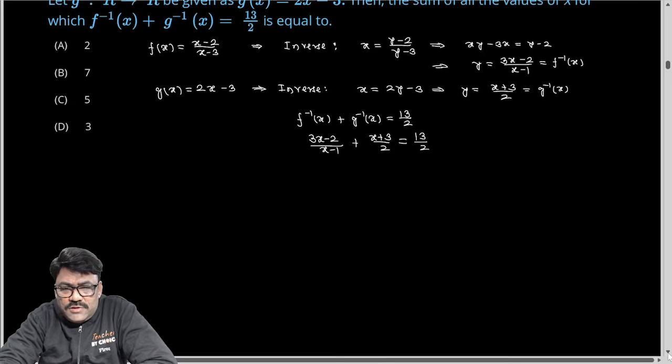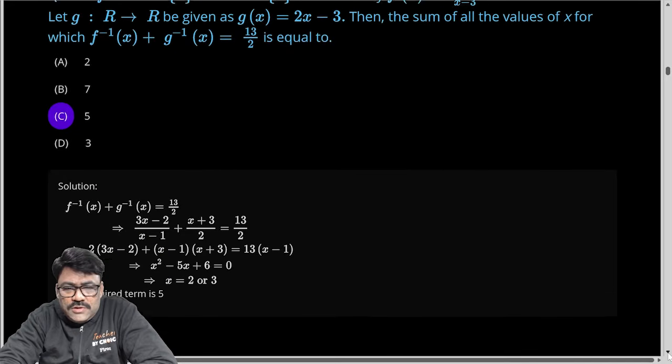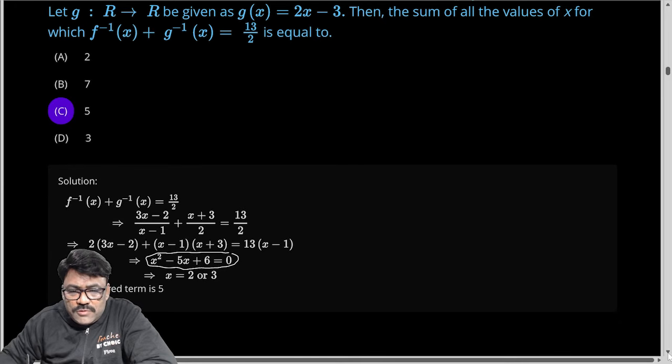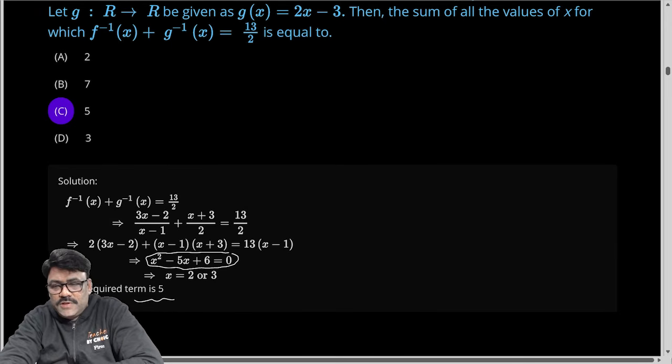Now just solve this. You will get a quadratic equation here. If you solve this, you will get this quadratic, and the roots of this quadratic are 2 and 3. So the sum of values of x will be 5. So the required sum is 5 here, right?